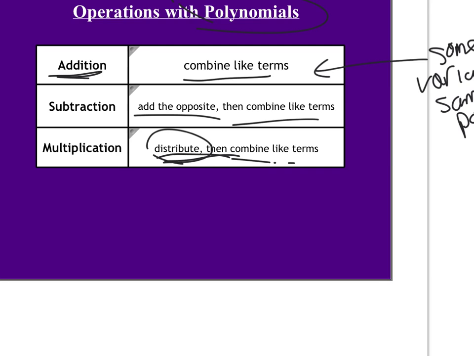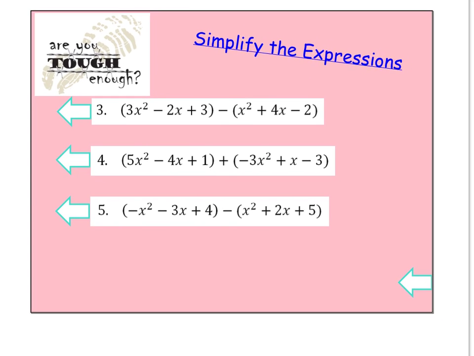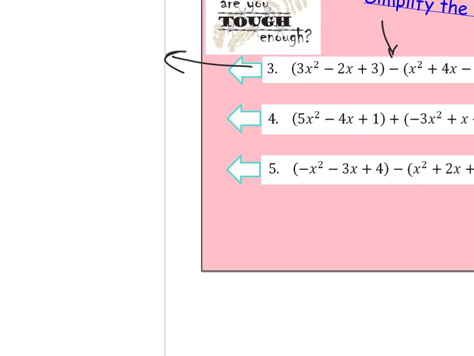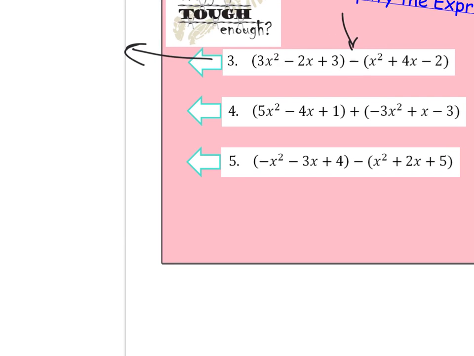So if I'm looking at simplifying some of these, let's do number 3 over here. If I'm subtracting, what I want to do is take the negative through. So I'll keep my first one, 3x squared minus 2x plus 3.